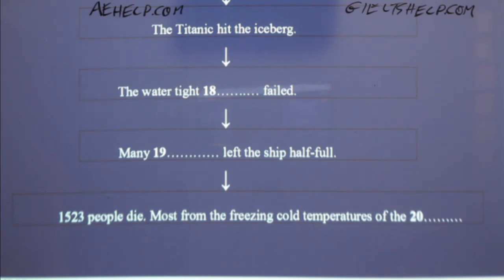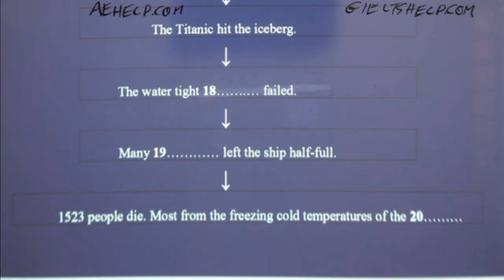Another big factor was the inability of the Titanic to turn quickly. Once the lookouts had spotted the iceberg, the captain ordered the ship turned, but it was too late. If the ship had been able to turn faster, it would have missed the iceberg. One of the biggest tragedies about the sinking was that there were not enough lifeboats for everyone on the ship.